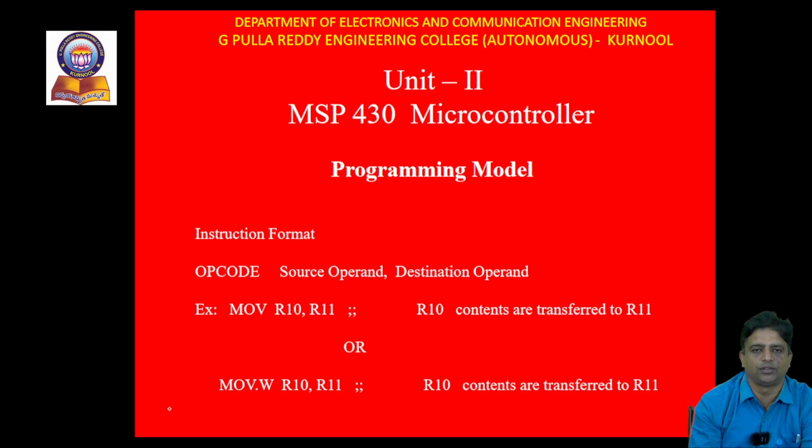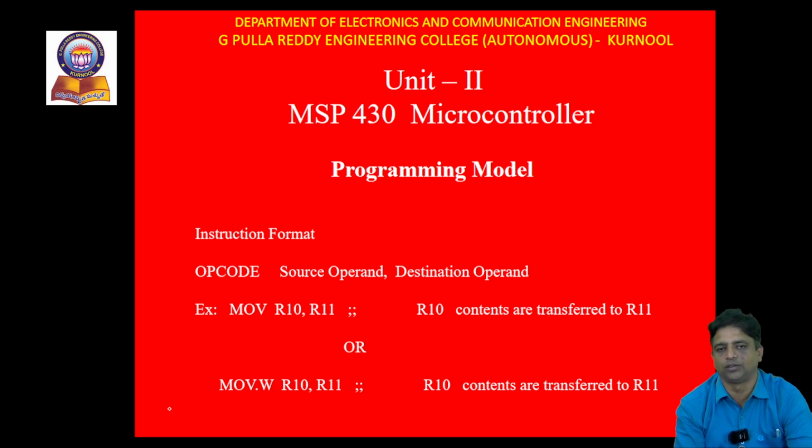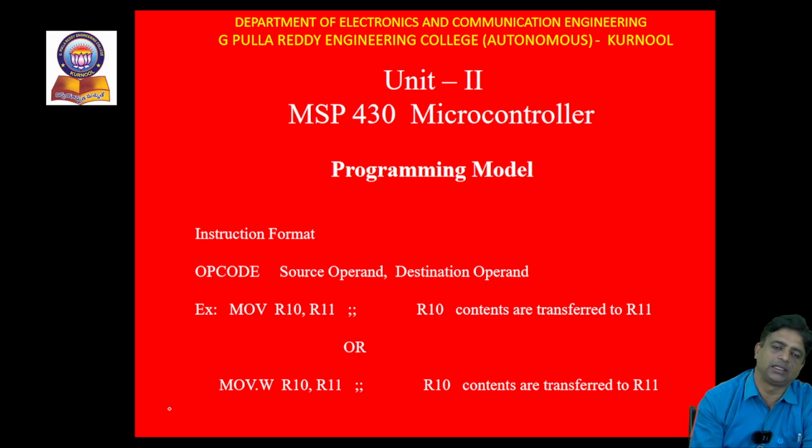No operand could be there in some instructions, but if we are treating it as an instruction, definitely opcode is mandatory. At least we'll be having an opcode in the instruction, and the count of opcodes in any instruction will always be only 1. With respect to operands, it could be 0, 1, sometimes 2, and based on the type of microcontroller design or the type of program we are making, it may also extend up to 3 or 4 operands.